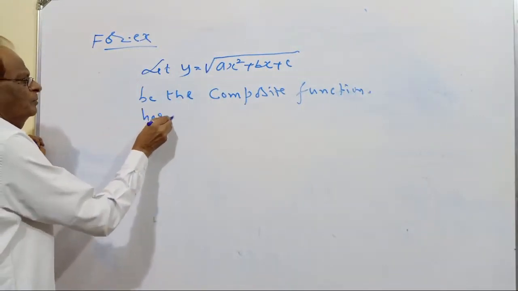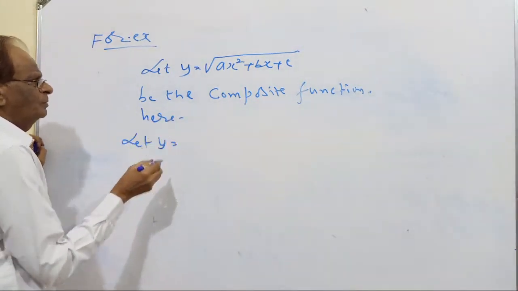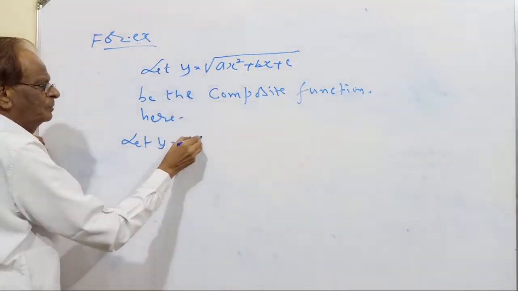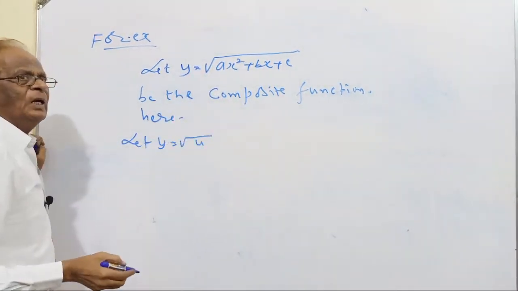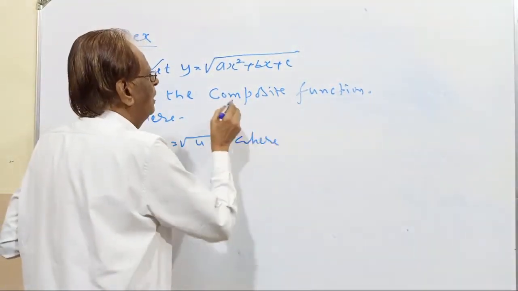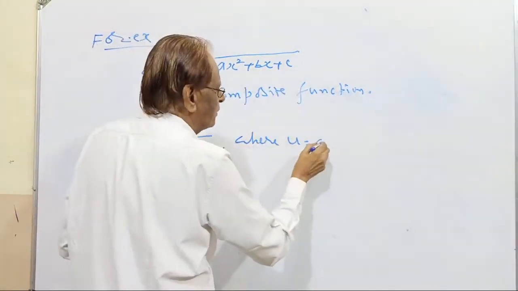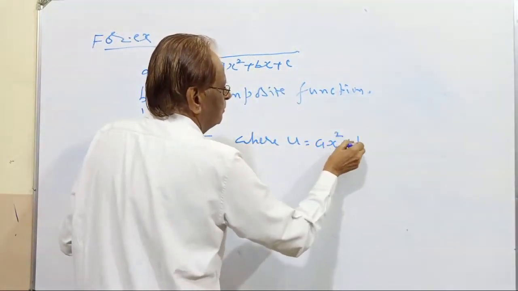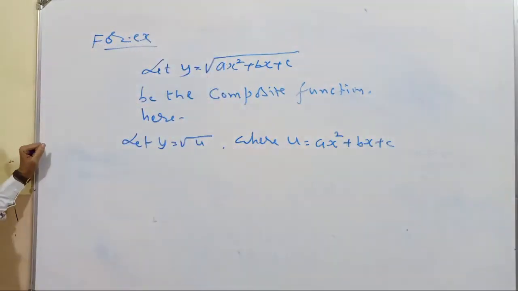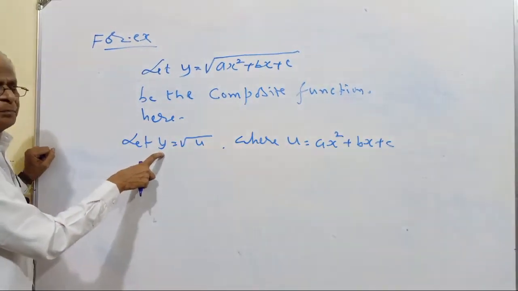Here, let y equal to root u. y is a root function, where u means ax squared plus bx plus c. Here we have expressed y in terms of u.